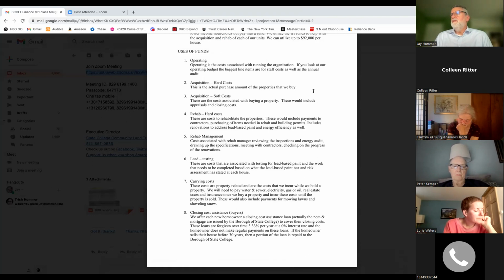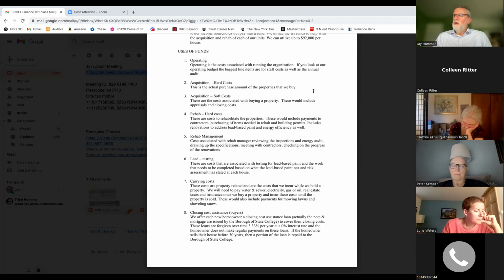And there's also soft costs, or ancillary costs, for rehabbing: keeping an eye on the project and doing our energy audits and those kinds of things that don't end up physically in the house, but are just a part of our renovation process.